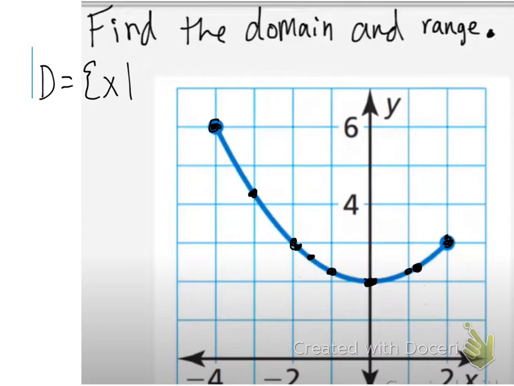Okay? So, I'm going to show you how to do that for this first one, and then I'm going to have you guys try to help me with my y values. What's my smallest x value here? Do I have a smallest x value? And remember, we're thinking horizontally because that's our x-axis, correct? -4.